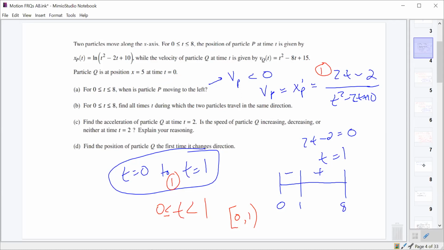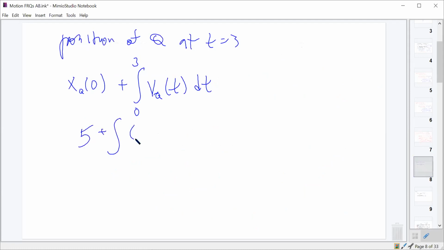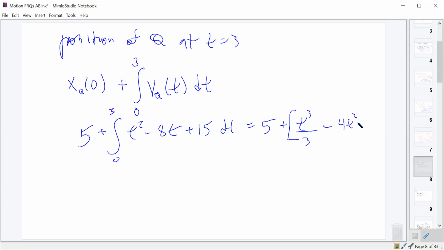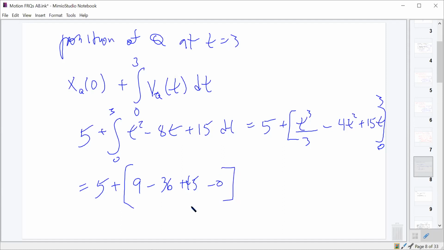So this becomes 5 plus the integral from 0 to 3 of t squared minus 8t plus 15, which should be 5 plus t cubed over 3 minus 4t squared plus 15t from 0 to 3, which should be 5 plus 9 minus 36 plus 45, and then minus 0.